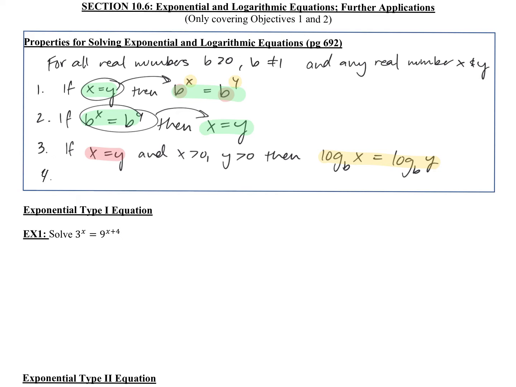And lastly, the reverse of the third one. If x is greater than 0 and y is greater than 0, and log base b of x equals log base b of y, then we can assume the other way, then x equals y.